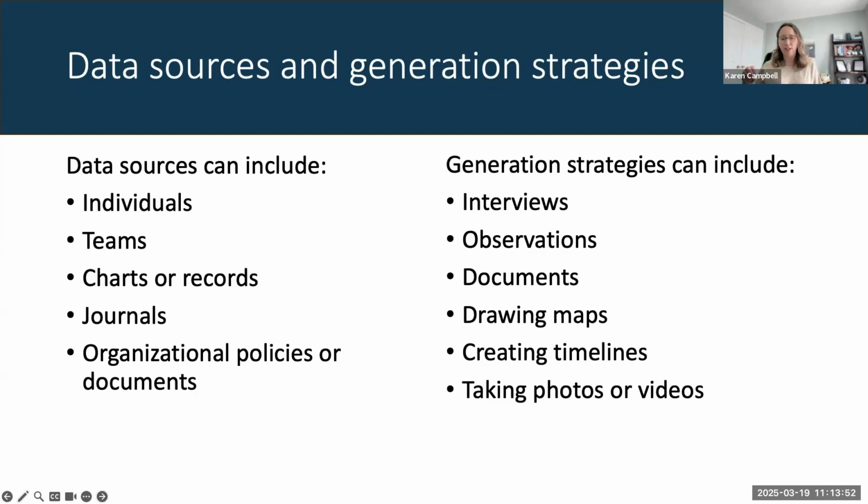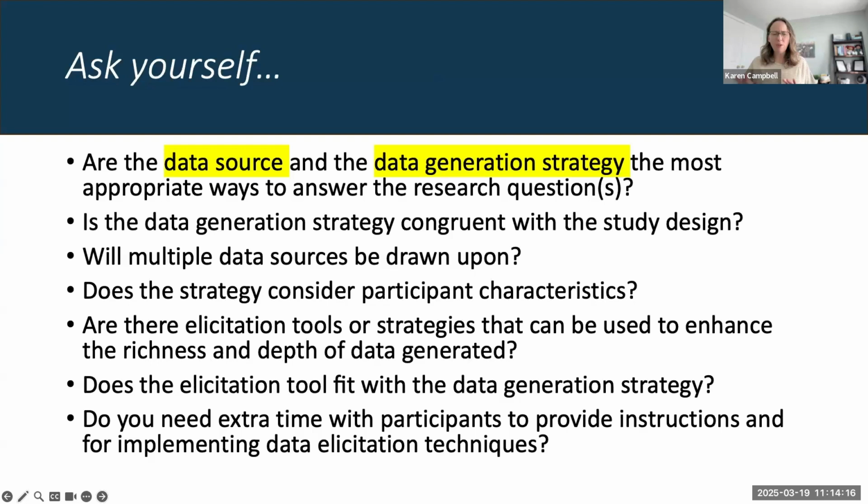So different elicitation strategies that can help you to use these generation strategies. And we just want to make sure that the strategy we're using aligns with the data sources that we have, and that we are in the right place at the right time to generate this data.